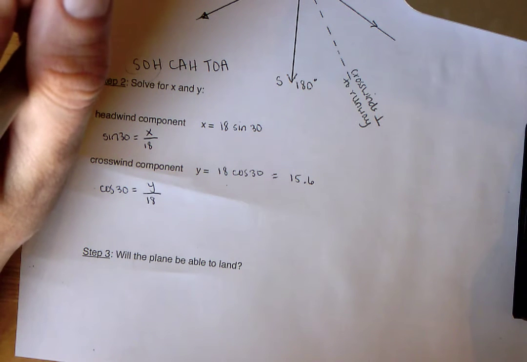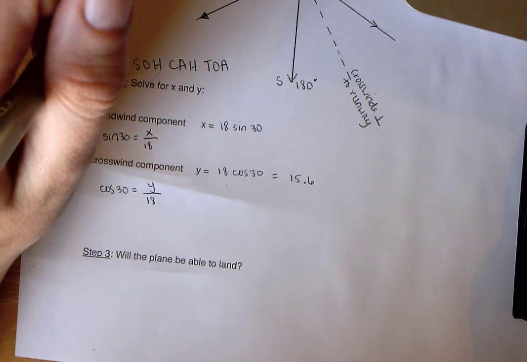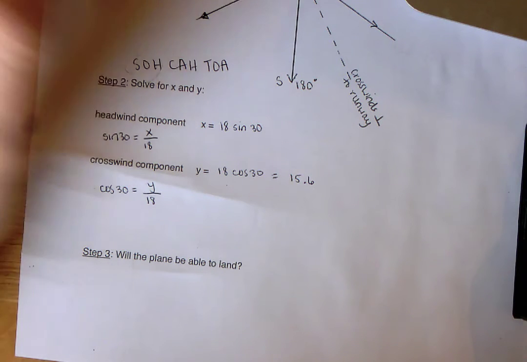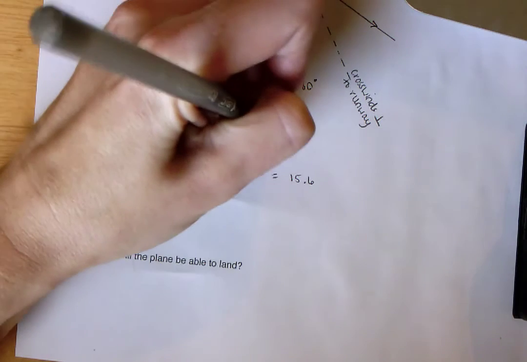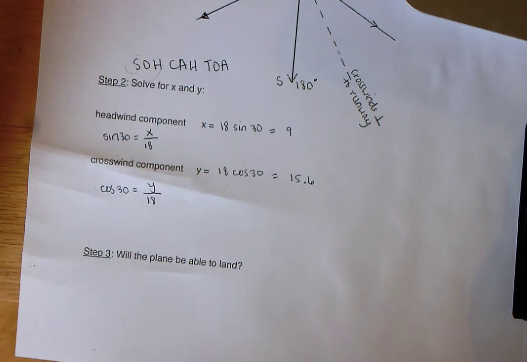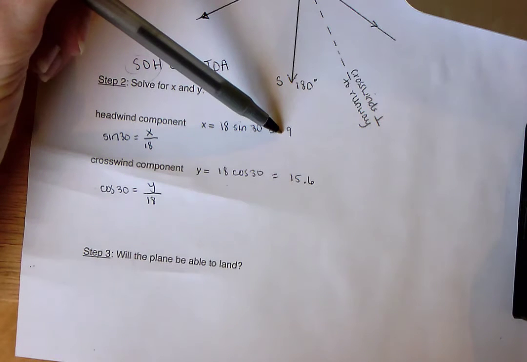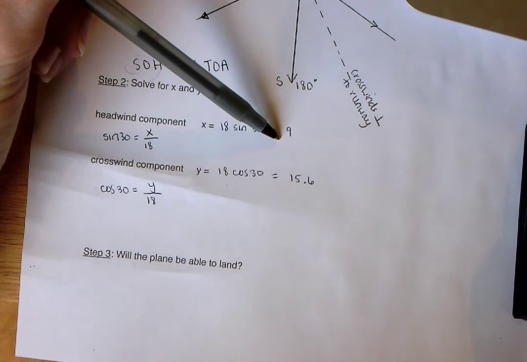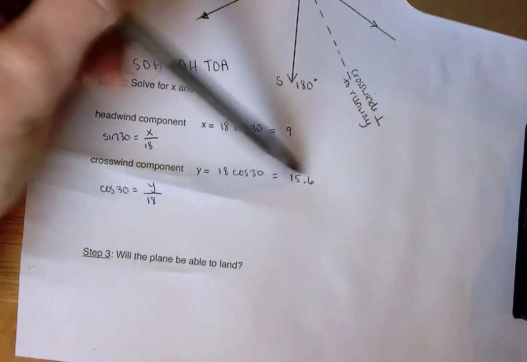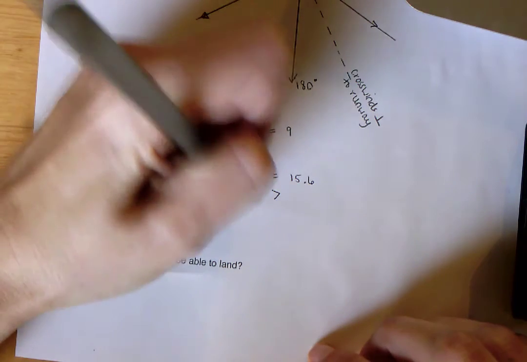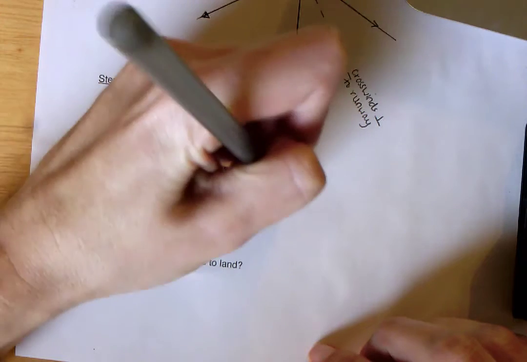So 18 sine of 30, just so you know what your headwind would be. Wow, it's exact, it's 9. So that's telling me that our headwind is 9 knots, and our crosswind, unfortunately, 15.6, is greater than 15.